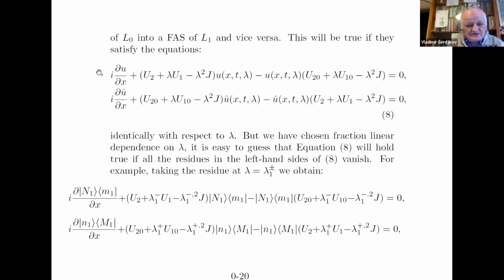This means that you must satisfy this ordinary differential equation. And U inverse must also satisfy a similar equation. Here U2 and U1 correspond to the one soliton solution of the Lax operator. U20, U10 are vanishing because we start from a trivial regular solution.